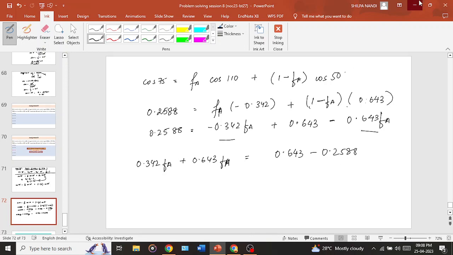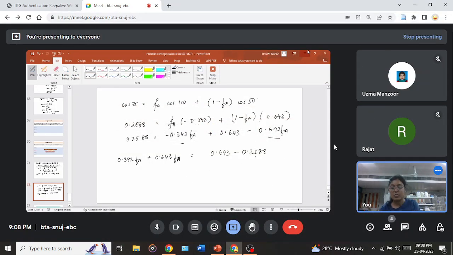Right. Any confusion or any doubt? You have to just add these two on the left hand side and subtract on the right hand side. Then divide the ratio and you will get the answer of Fa. Isn't it so?